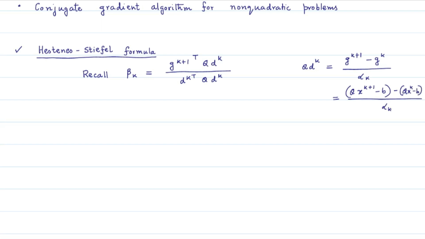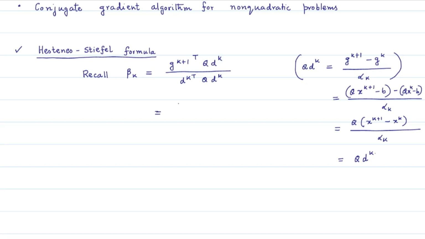That gives us Q times (x_{k+1} minus x_k) divided by alpha_k. But x_{k+1} is given by x_k plus alpha_k d_k, and hence this is equal to Q d_k. Therefore indeed this replacement, Q d_k equal to (g_{k+1} minus g_k) divided by alpha_k, is possible.